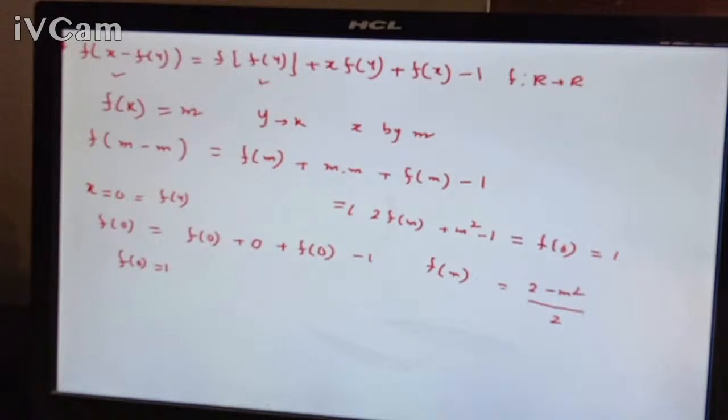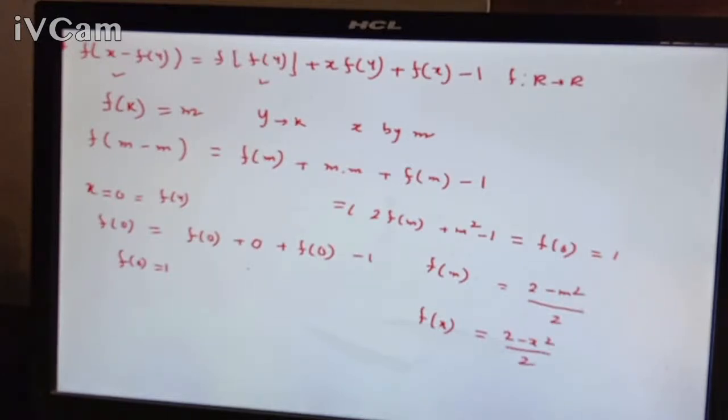So we have got the value of f(m). Now, m can take any real value. So overall, the function is f(x) equal to 2 minus x square by 2.